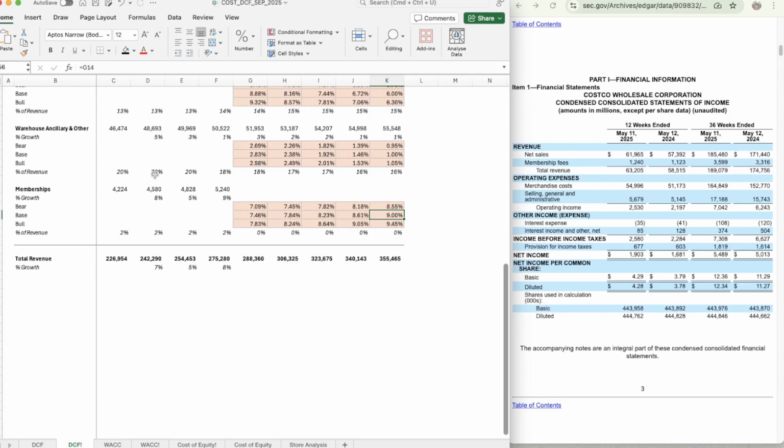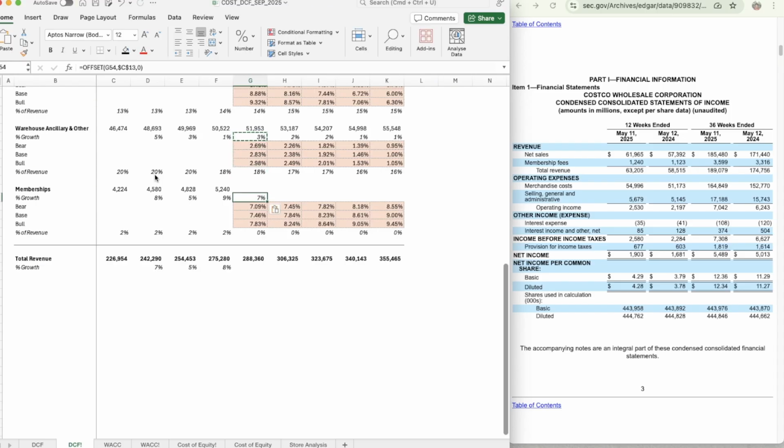We saw, and we'll go through it at the end, but obviously the majority of the stores are in the US and Canada. I mean, the rest of the world has the same number of revenue as Canada does. So therefore, it just shows there's a lot of room to go there for Costco. So we'll keep it at 9% for the membership growth rate.